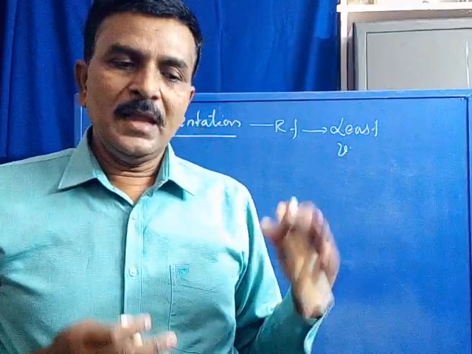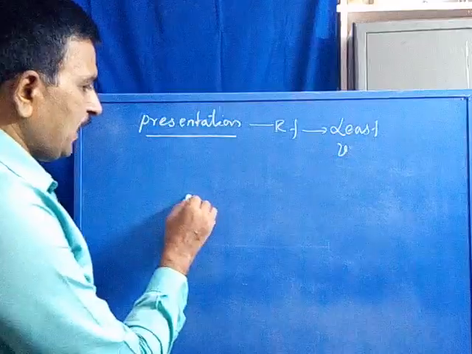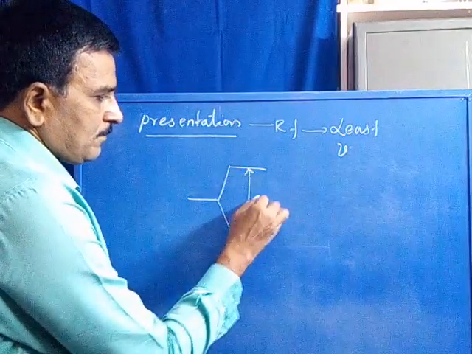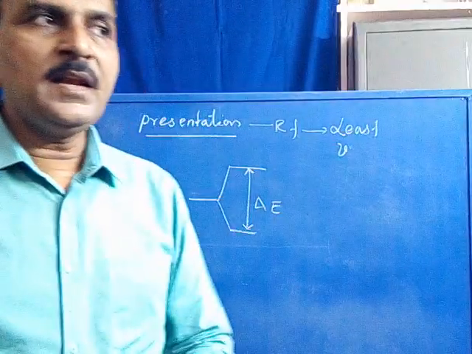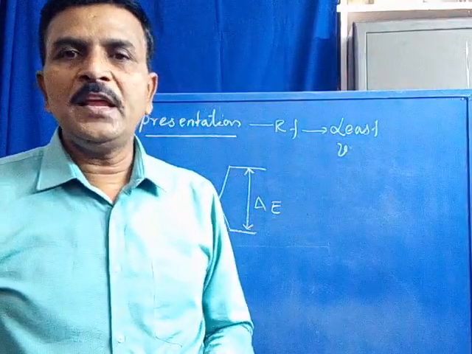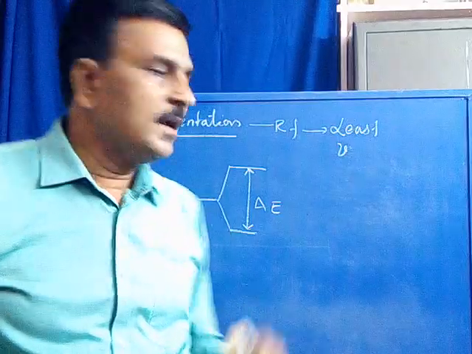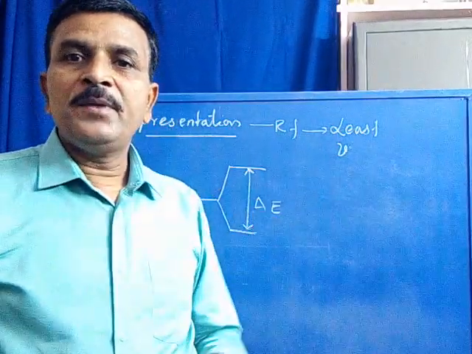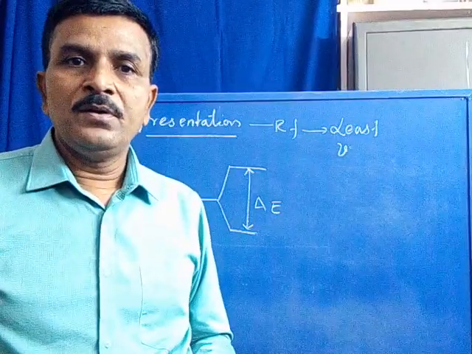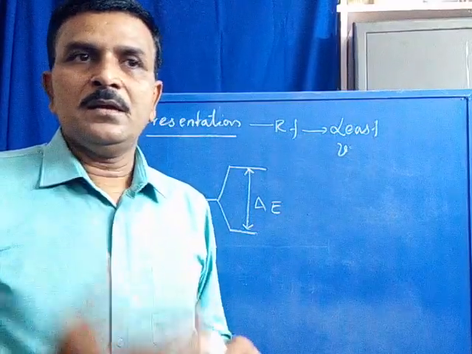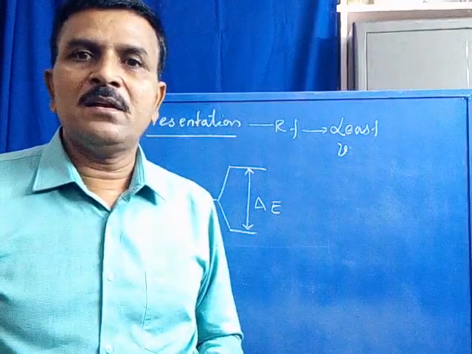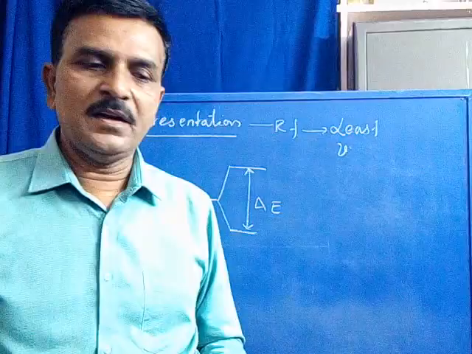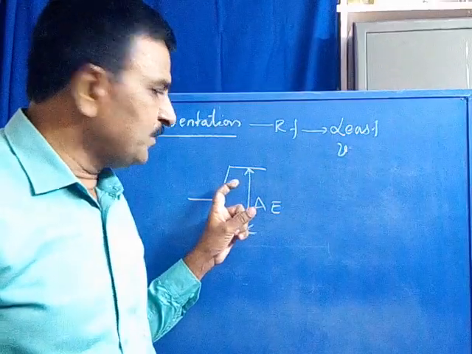Further, the energy difference between the two nuclear levels, delta E, of a spin active nucleus is very small when compared with the energy difference of other types of transitions in a molecule, like electronic transition, vibrational transition, rotational transition, etc. So there are two reasons.